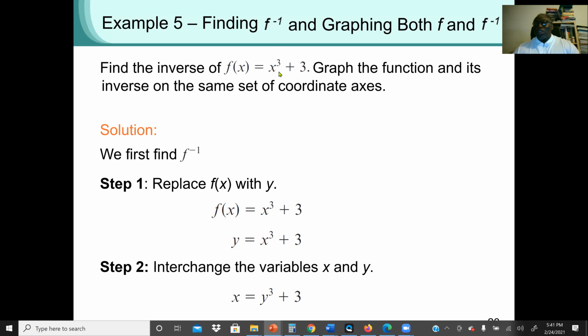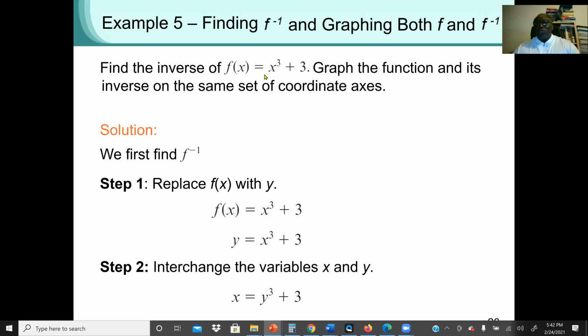Or you can come up with any possible points and graph it manually. You set up a table with different x values, find the y, and since you have both the inverse function and the original function, you're going to have two tables. And we'll see how the (a, b) and (b, a) points line up. It's kind of like a reflection, a mirror image.